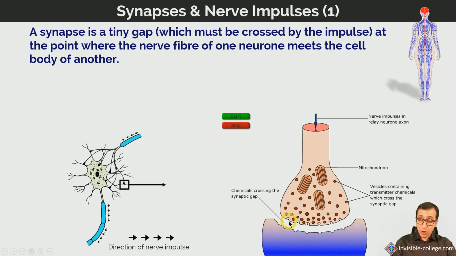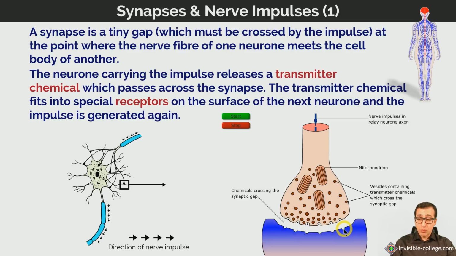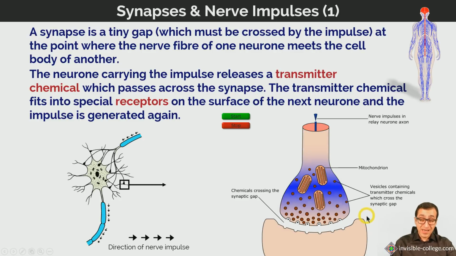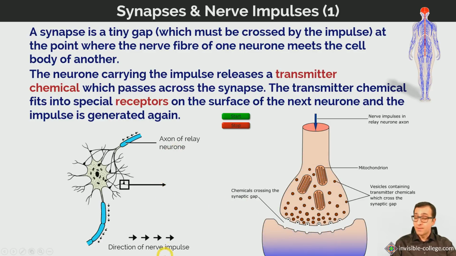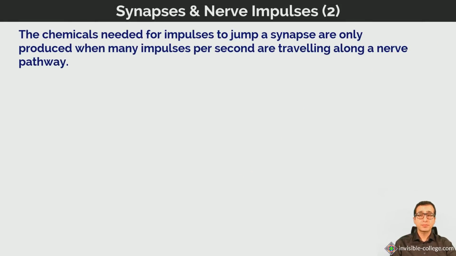That then diffuses across this gap to the postsynaptic membrane, the membrane of the second cell, and these neurotransmitter molecules will fit into receptors on the postsynaptic membrane. This then causes the postsynaptic membrane to fire its own impulse, which then travels down the second neuron. So this is essentially the way that nerve impulses are transferred across synapses.